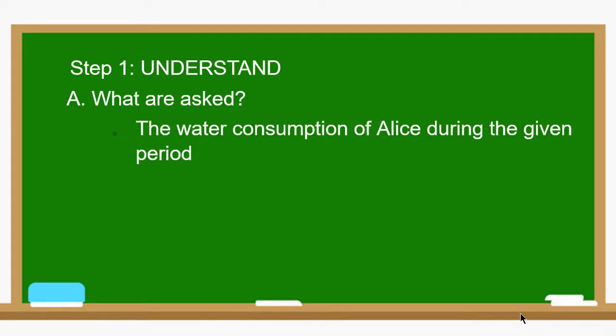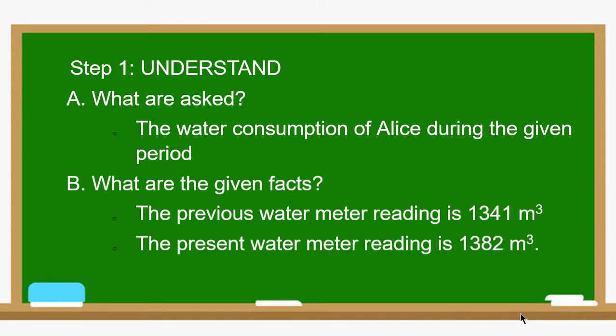Understand. What is asked? The water consumption of Alice during the given period. What are the given facts? The previous water meter reading is 1,341 cubic meters. The present water meter reading is 1,382 cubic meters.